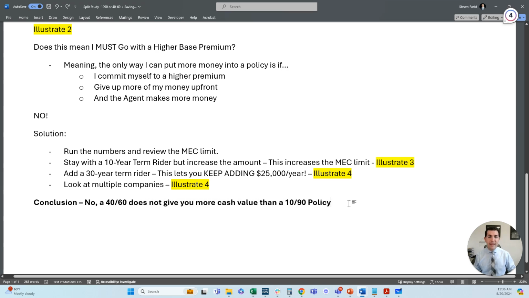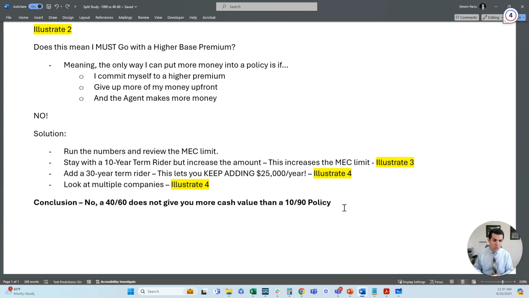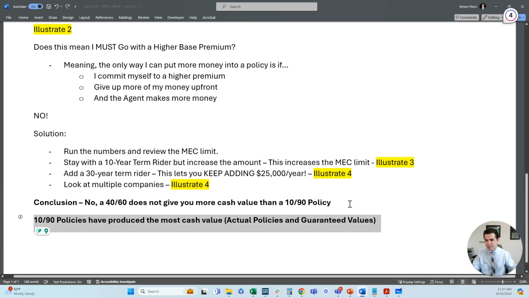If someone wants to pay into a policy for a long time, as much money for as long as possible, you can do that with any type of design. You may have to expand what different companies and products you look at, but it's easy to do. Well, I should say it takes time to do, but it is possible to do. You just have to be aware and take the time to see what's available.